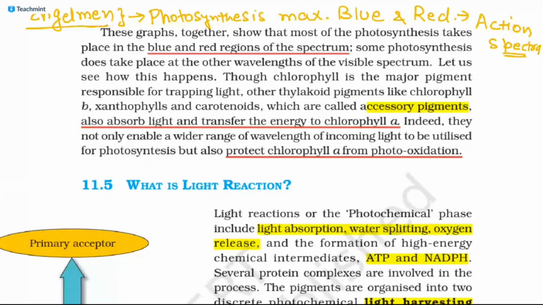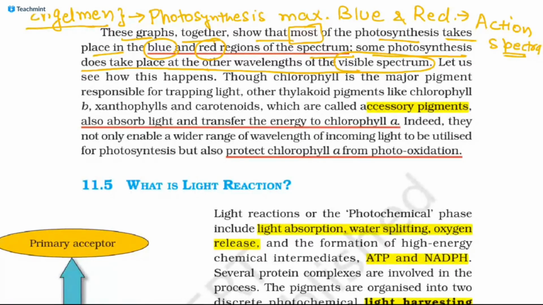So can we say that these graphs, now read this line, together show that most of the photosynthesis takes place in the blue and red region of the spectrum? Here it is not all, it is most of the photosynthesis. And next line, some photosynthesis does take place at other wavelengths of visible spectra.